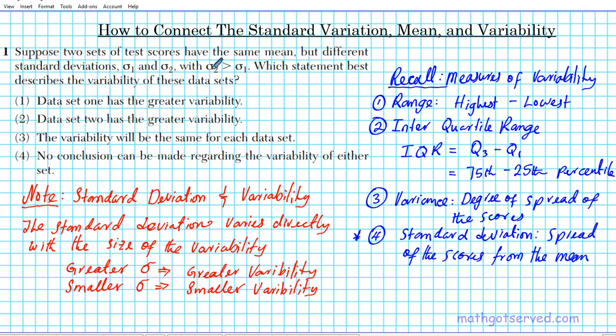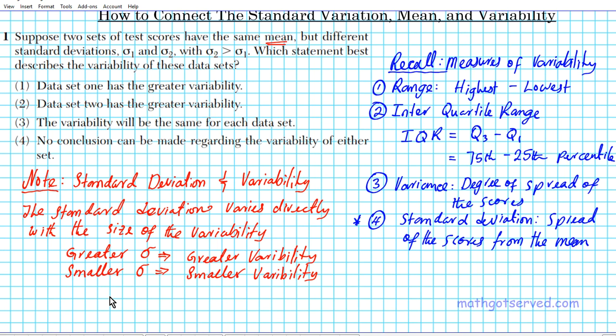Since the mean of both of them is exactly the same, if the standard deviation of dataset 2 is greater than the standard deviation of dataset 1, it automatically implies that dataset 2 will have a greater variability compared to dataset 1. So let's go ahead and write it down.